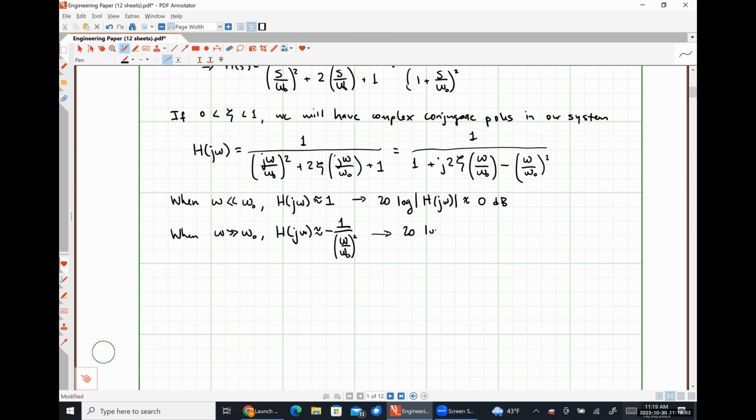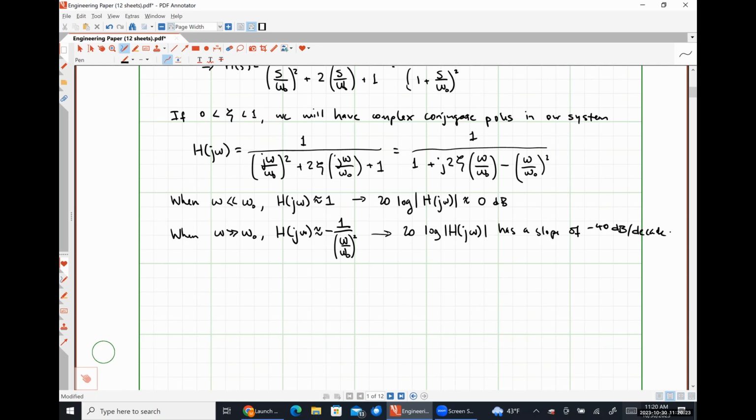So 20 log of the absolute value, the magnitude of H of j omega, has a slope of negative 40 decibels per decade, and it'll start that roll off at omega naught, our corner frequency, our resonant frequency, whatever you want to call it.